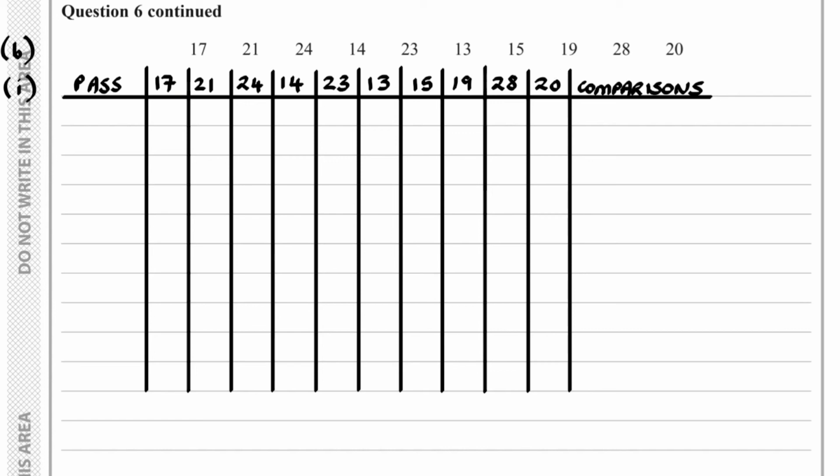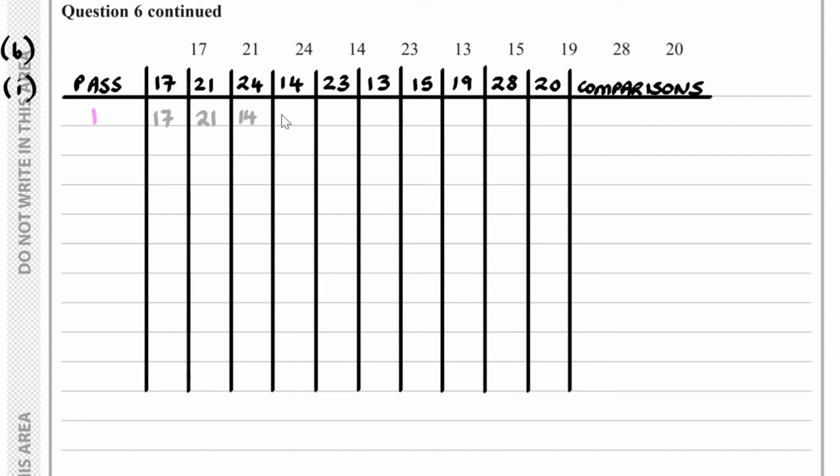So we begin with the first pass. We compare 17 and 21. 17 is smaller. So now we compare the 21 with the 24. 21 is smaller. So now we compare 24 with the 14. 14 is smaller.